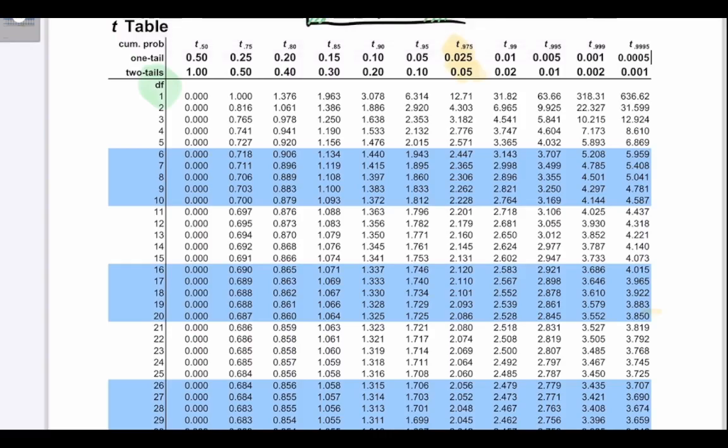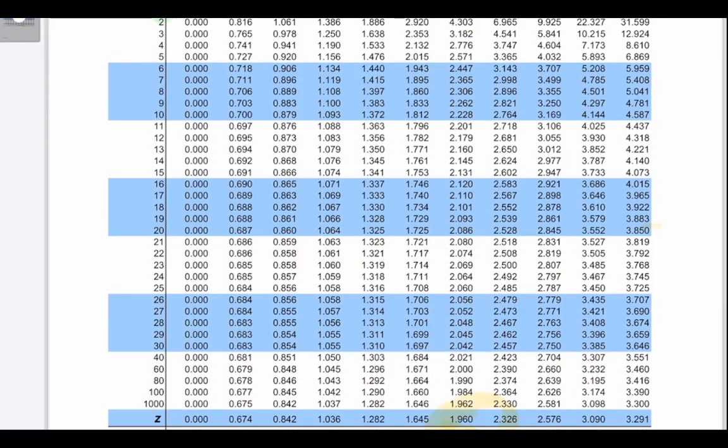So we're going to trace our finger down, and we see that there is 30 degrees of freedom and 40 degrees of freedom. We are going to round down to 30 degrees of freedom, and this will be our estimate for our critical value, 2.042.